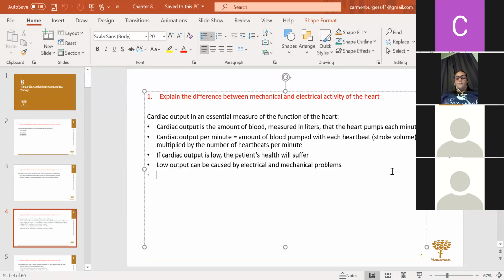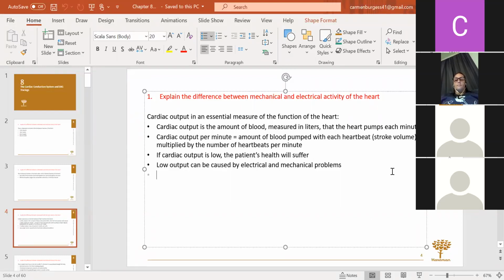And if it's too low, sometimes they call it ejection fraction. If it's too low, that's when a person might get a pacemaker, because the heart is not beating correctly to get that blood out. So just remember that low output can be caused by electrical problems and mechanical problems. Does everybody get that part? Any questions about any of that?